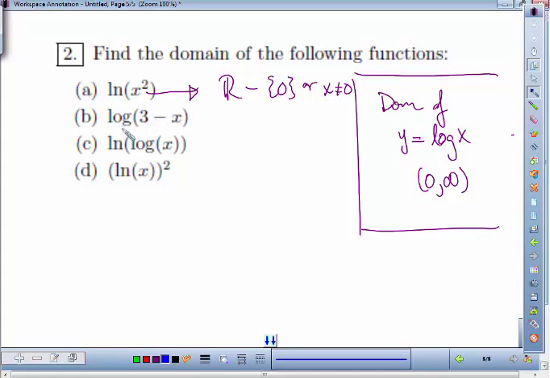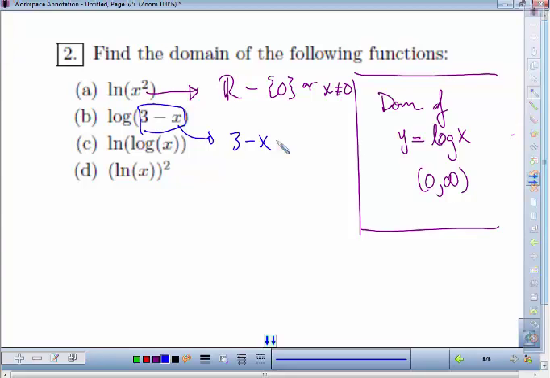All right, let's take a look at this one. Log of this thing. Remember that we want the thing inside of the logarithm to be positive, right? Any hints on how to find this domain? What's inside of the logarithm is 3 minus x, and we want this to be bigger than 0.